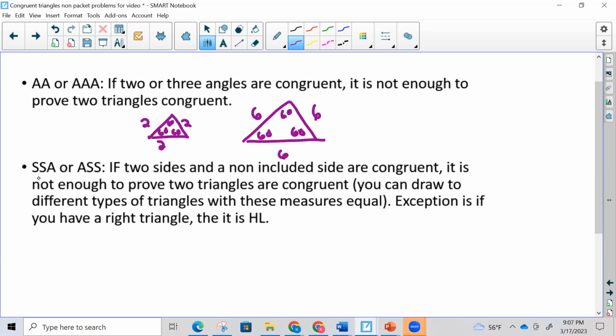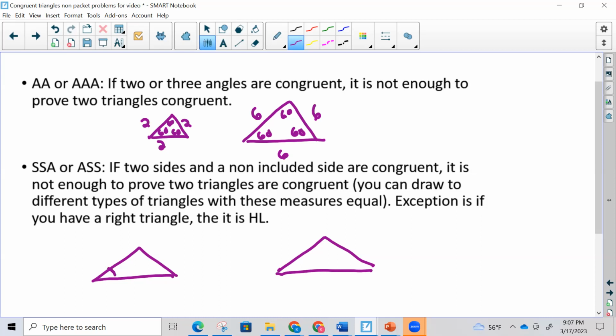The other one is called side-side-angle or angle-side-side. And it's if 2 sides and a non-included angle are congruent. So they're going to draw it like this, and they're going to draw them so they look the same size. But it's just saying that if I know this information, it wouldn't be enough to prove the 2 triangles congruent.